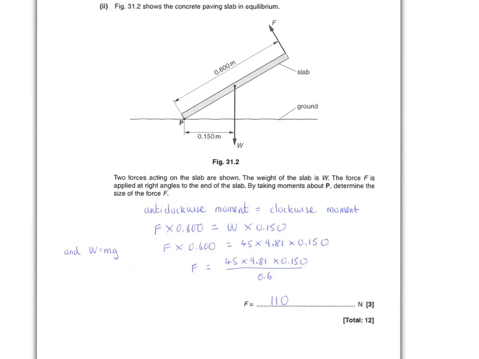So we use the equation W equals mg. The mass was 45 kilograms, and here we have the gravitational field strength, 9.81. Finally, rearranging to calculate the unknown force F. So finally, simply dividing by 0.6 leads to an answer of 110 newtons.